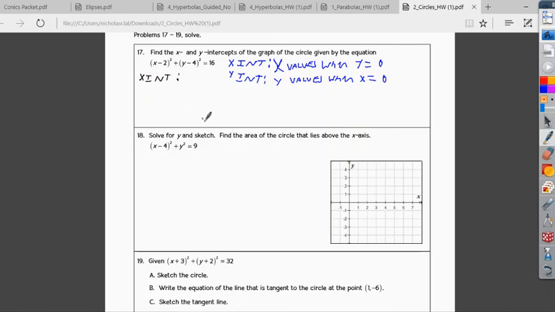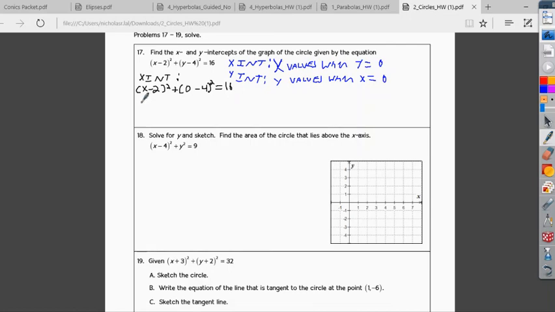Under x-intercept, these are the values when y equals 0. So you'll have x minus 2 squared plus 0 minus 4 squared is equal to 16. All right.